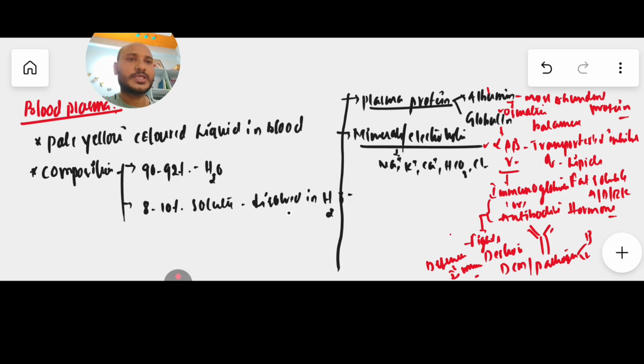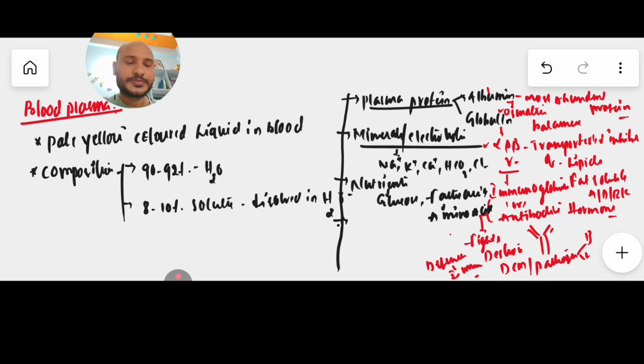There are also various nutrients present in blood plasma, like glucose, fatty acids, and amino acids.